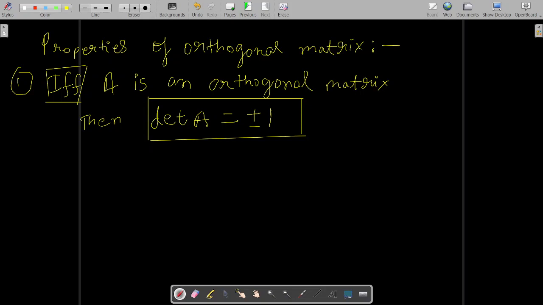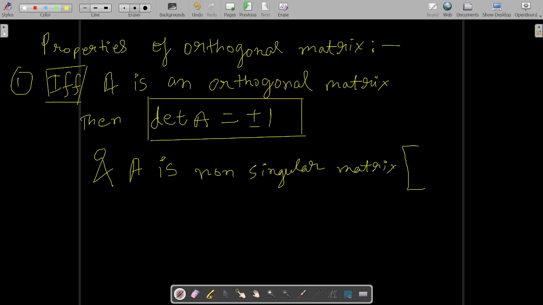And the other thing is that A will be a non-singular matrix. What does non-singular matrix mean? A is a non-singular matrix simply means that the determinant of A is not equal to 0.